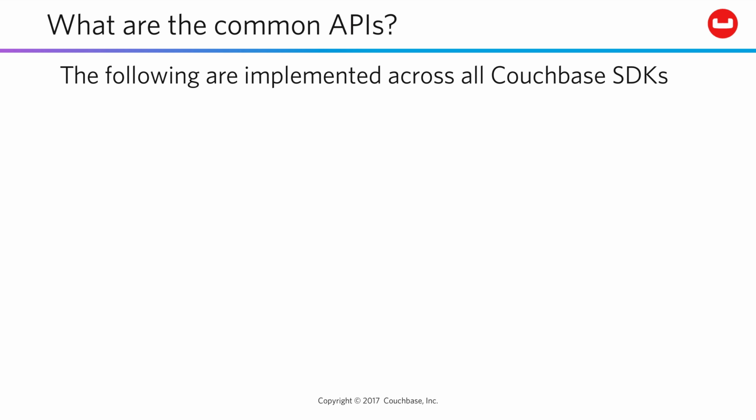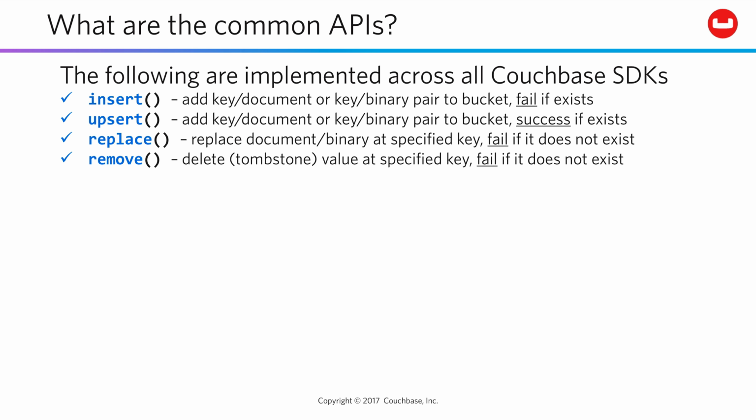Regardless of the language, you'll find APIs to insert, creating a document and erroring if its key already exists, upsert, which creates a document but updates it if its key already exists, replace, which updates a document, erroring if its key does not exist because there's nothing there to update, and remove, which deletes a document, again erroring if that key doesn't exist.